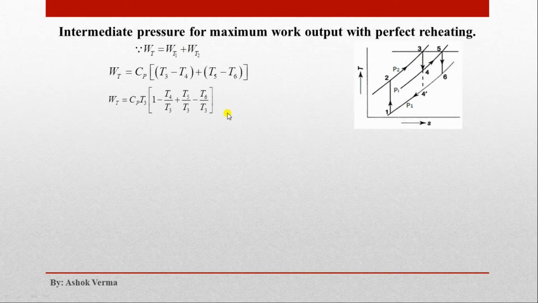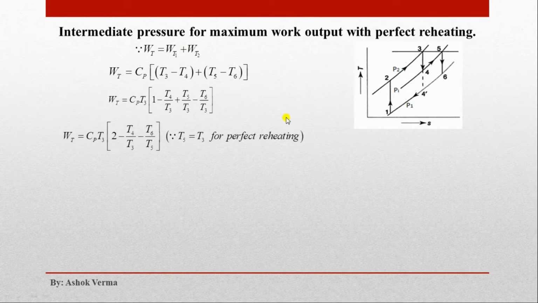Here we use perfect reheating, meaning we reheat this gas till the previous temperature: the inlet temperature at turbine 1, T3, will be equal to the inlet temperature at turbine 2. So with perfect reheating, T5 will be equal to T3. By putting T5 equal to T3, T5 by T3 will be equal to 1.